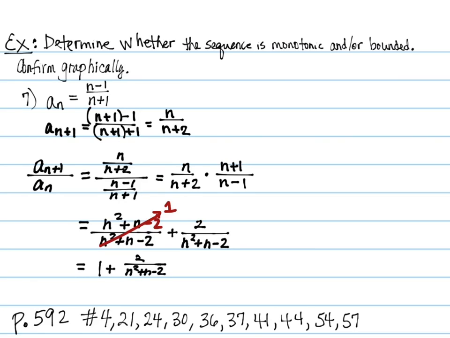What happens if we let n go to infinity for the 2 over n squared plus n minus 2? It's going to go to 0, right? This is going to approach 0. But is it going to approach 0 using positive values, or using negative values?